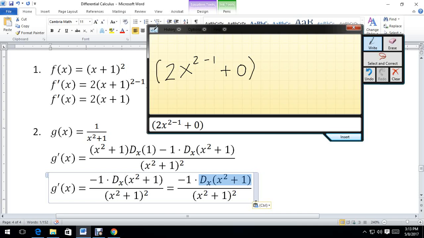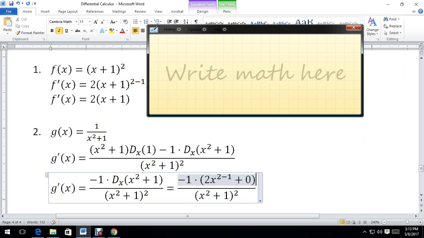So this would be replaced. Now of course 2 minus 1 is 1, and x raised to 1 is simply x. Now 2x plus 0, we could remove 0 here, and of course 2x times negative 1 is negative 2x.